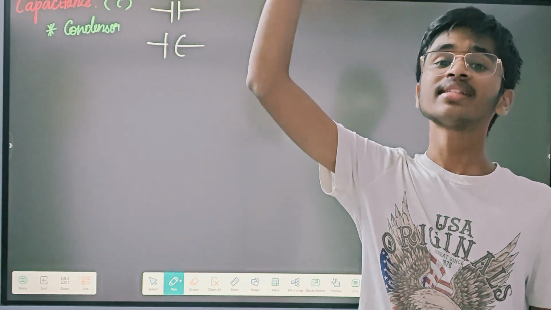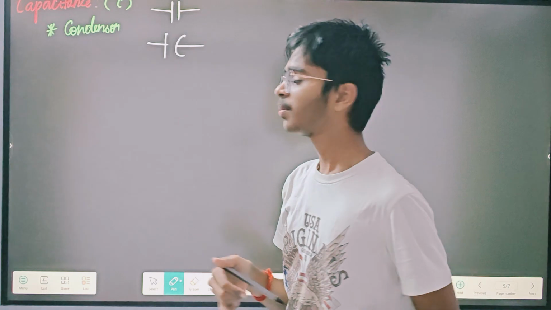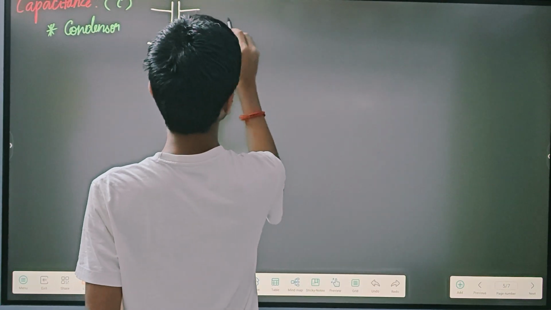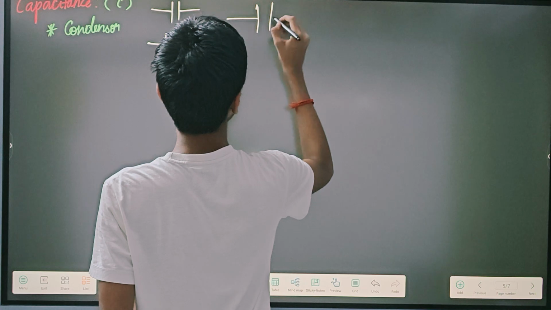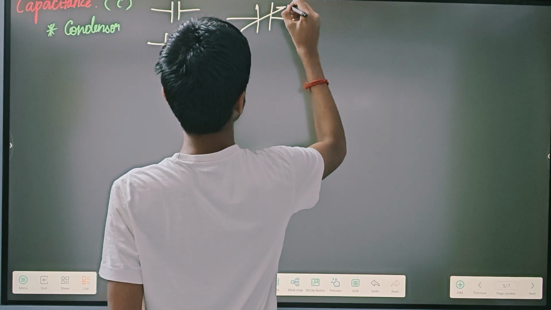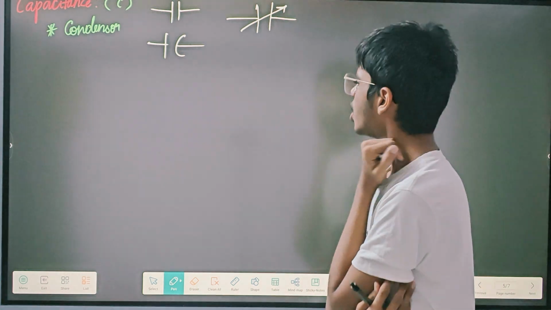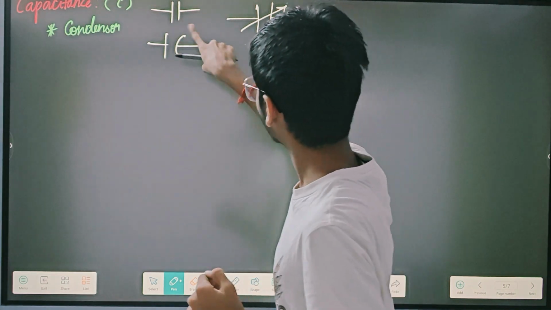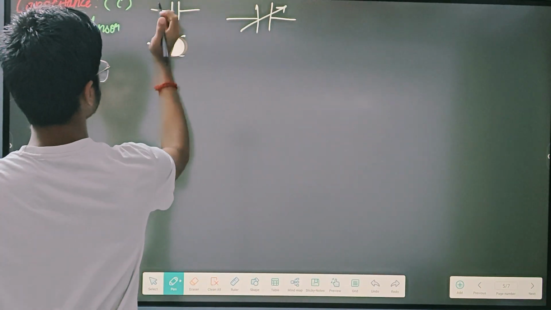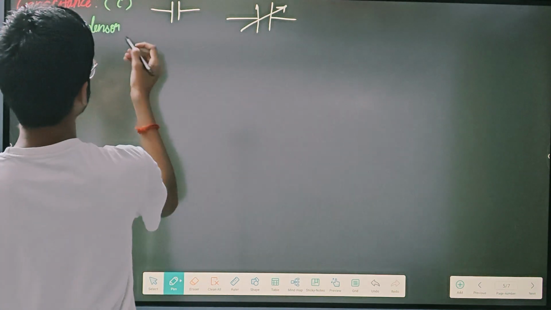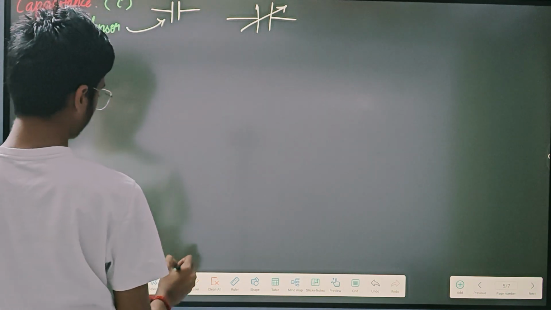Mostly the condenser that we use for our fan will be represented like this. So what does it mean? You can exclude this one, it is not required. Only these two are enough. This means just a normal condenser.